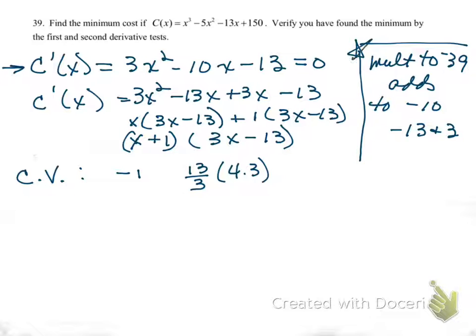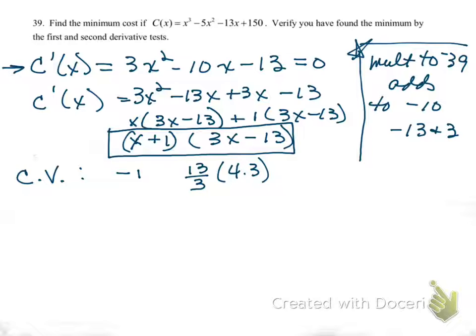I set up how I did decomposition over here, and my factors end up being x plus 1 and 3x minus 13. So look over that procedure if you need to refresh on this. That leaves me with the critical values of -1 and 13 over 3, and I got those by setting my first derivative equal to 0.